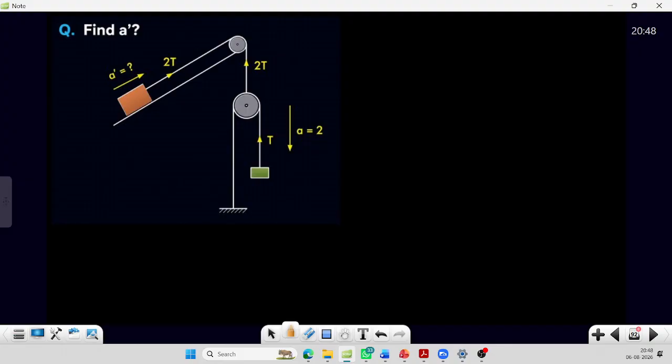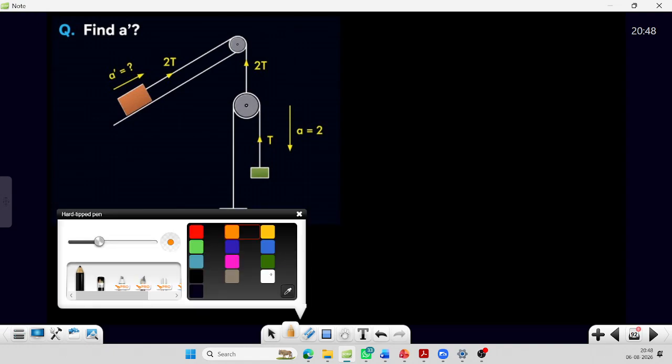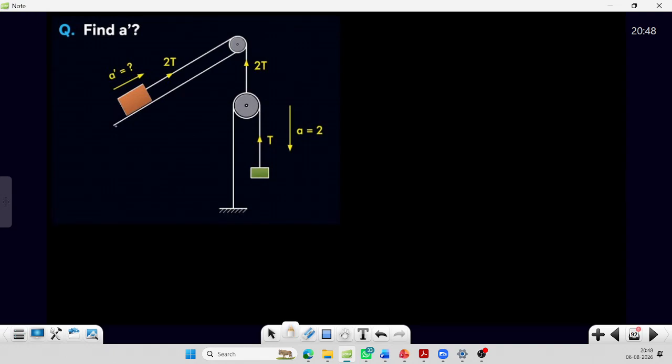Whenever the slant is there, we should be careful. Right, now look at it here carefully.